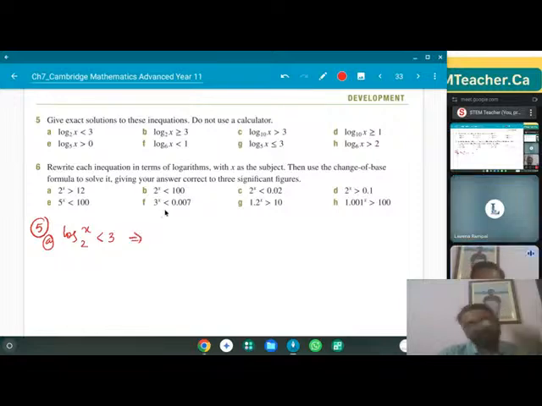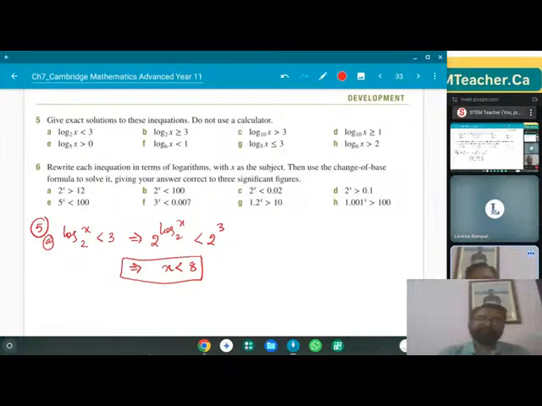Whatever the base is, take its power. 2 power log x base 2 is less than 2 power 3. Will you agree to this? So therefore x is less than 2 power 3, which is 8. X is less than 8. We don't use any calculator.